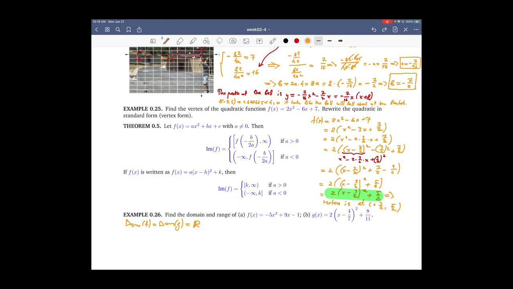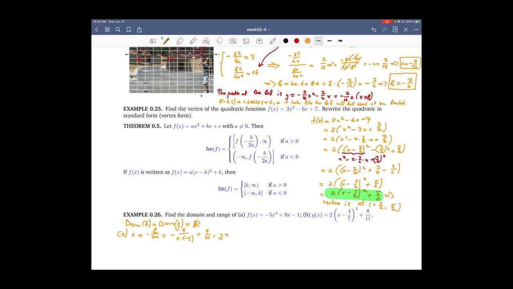Now the vertex is where? The vertex is negative b over 2a, so that's negative 9 over 2 times negative 5, that is 9 over 10.